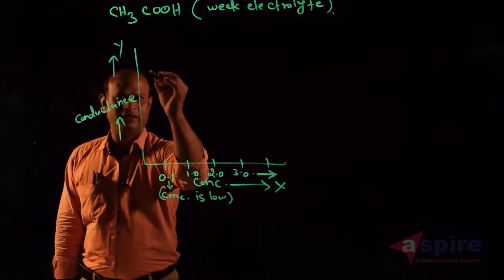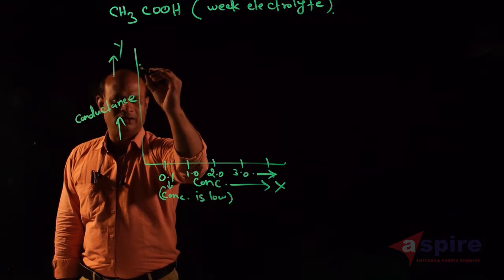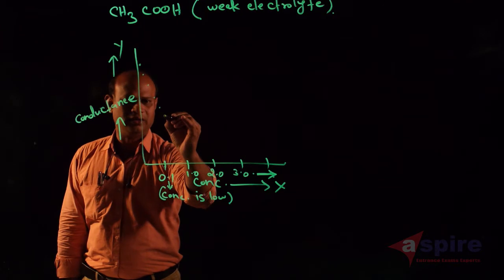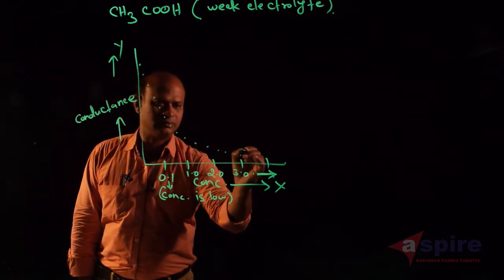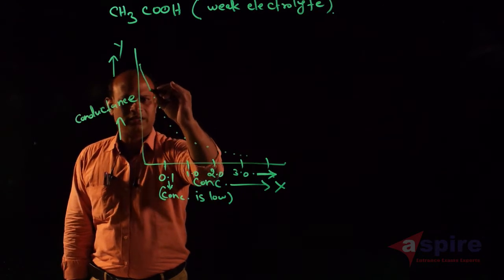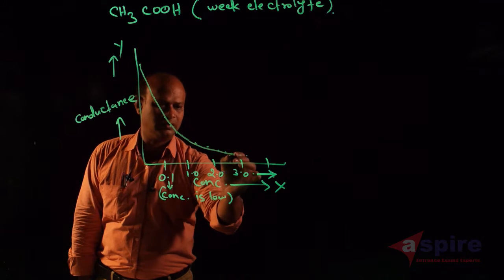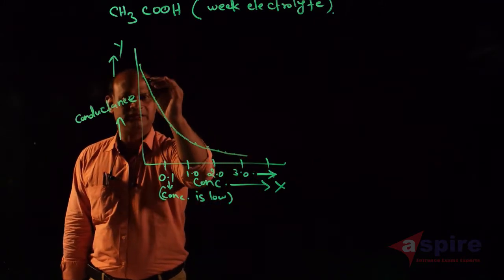From the given graph, when I keep increasing the concentration, the conductance keeps decreasing. So I will draw the graph like this.